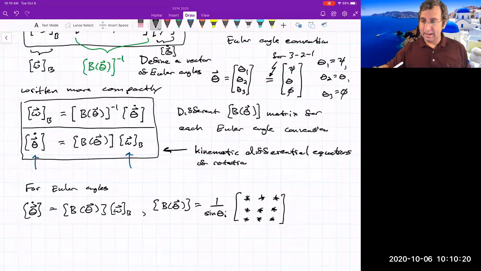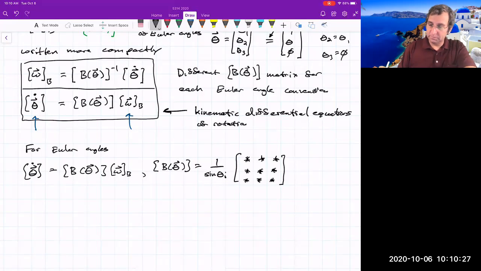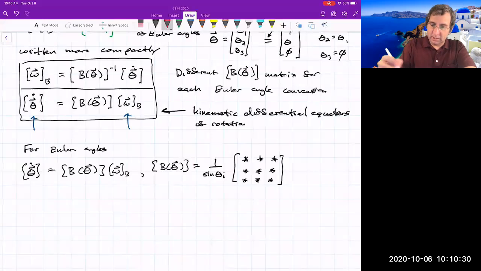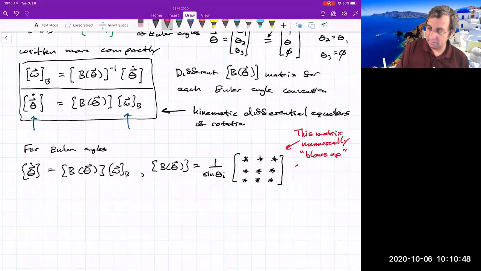And it's a known problem with the Euler angles. So we'd say that this matrix numerically, an entry just goes to infinity or just blows up. It's not well behaved as theta i goes to 0.